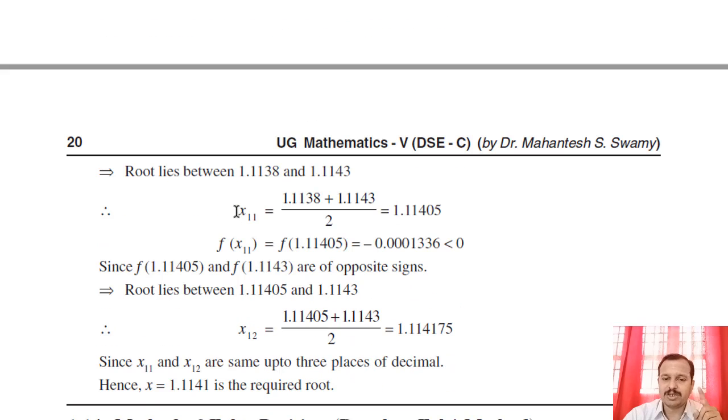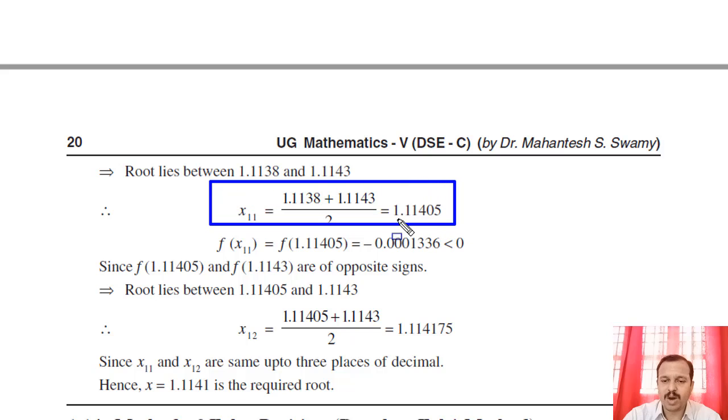the 11th approximated value is going to be 1.11405, and we find the value of f at this particular point x11. The value of f at x11 is going to be negative.